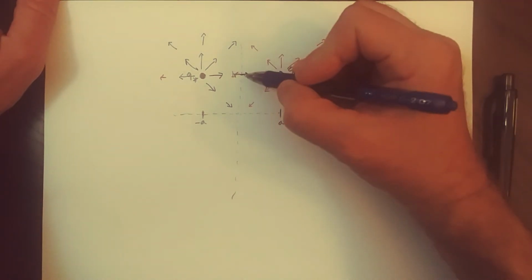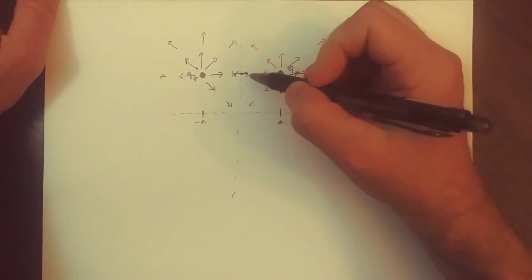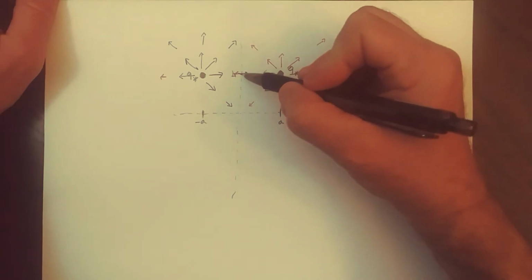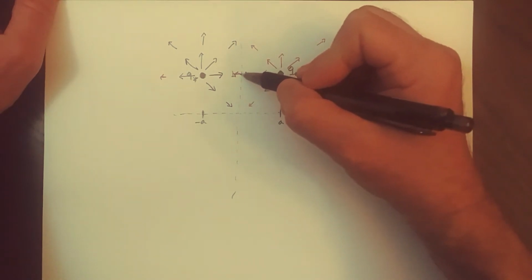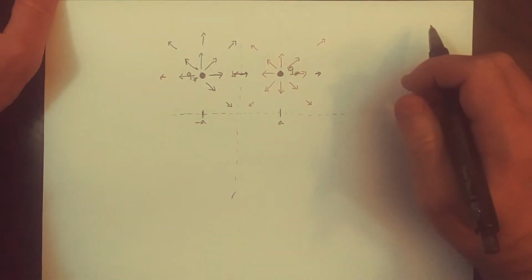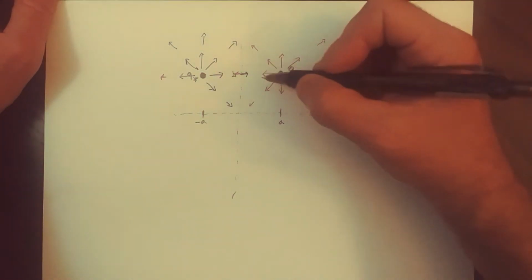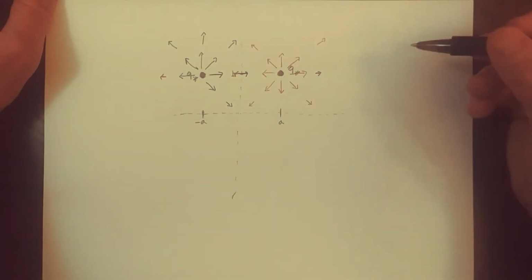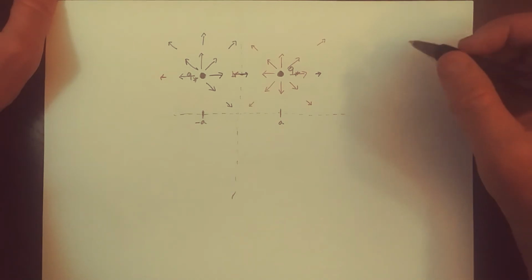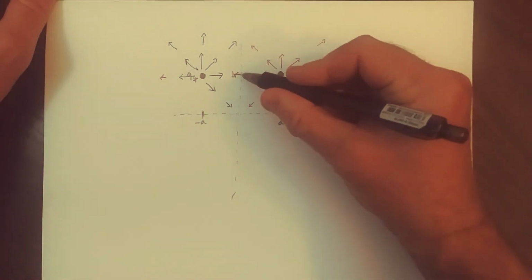But what's clear is that at this location, the net electric field that's produced in space must be zero, because you have a red electric field pointing left and a blue electric field pointing right, and they have the same magnitude because both charges have the same value and they are at the same distance from this point. So let's find the net electric field in the xy plane, and then let's evaluate it at this location.